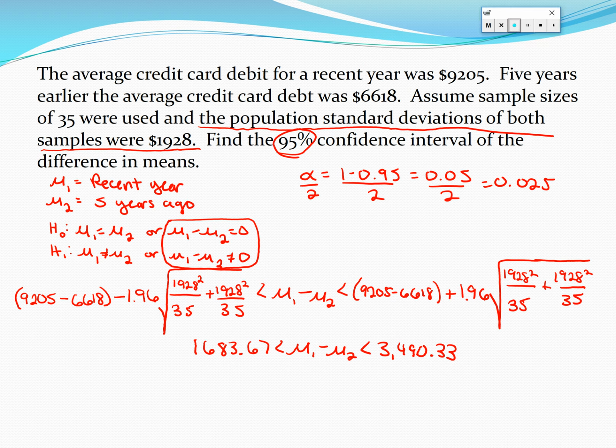So once you have your interval, again, we're not going to do the whole 5-step hypothesis test and then bring in the interval. I just want you guys focusing on, we haven't had these intervals before, so just focusing on the interval and then what that should mean for your null hypothesis. So if I look at my interval, my hypothesized difference is 0. My confidence interval does not contain 0.